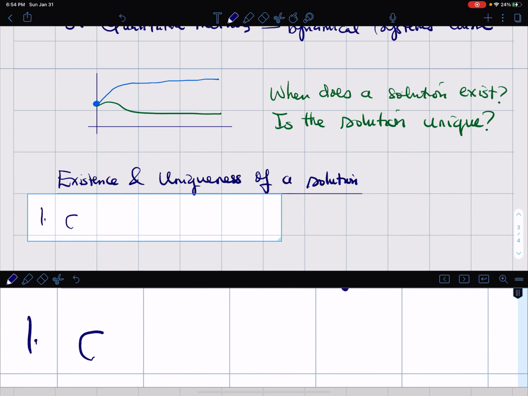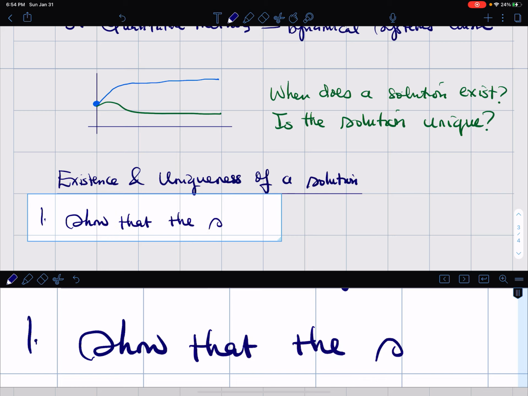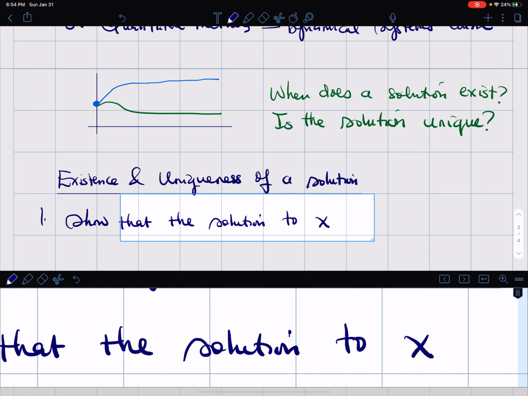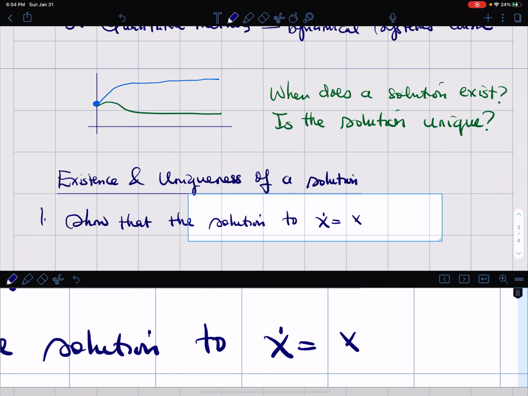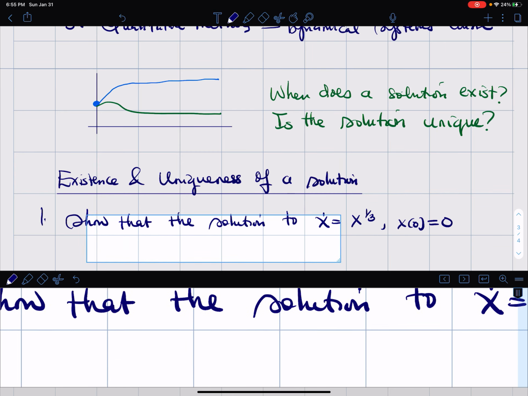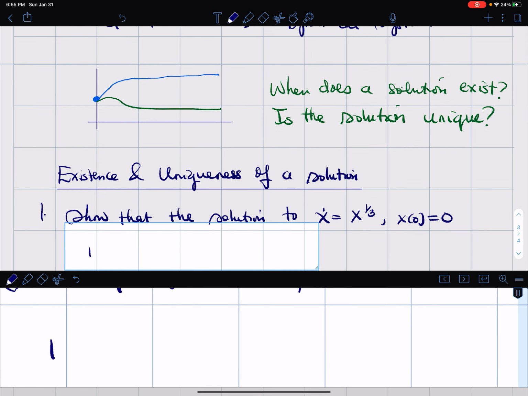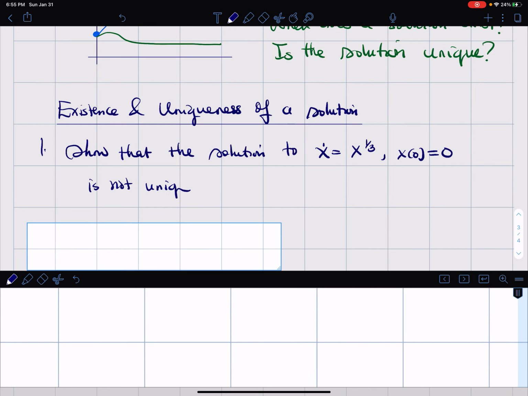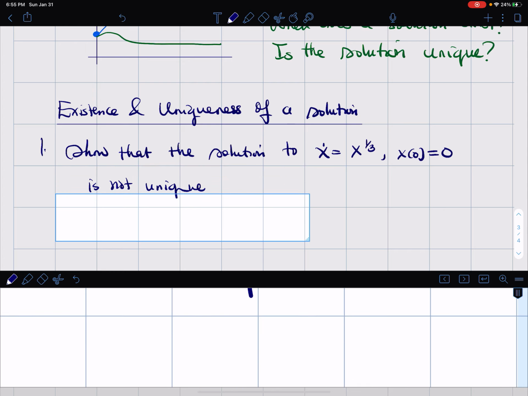All right, so let's show that the solution to x dot equals x to the power of 1/3, with x of 0 equals 0 as the initial condition, is not unique. So show that that initial value problem is not unique. So let's try solving it first.